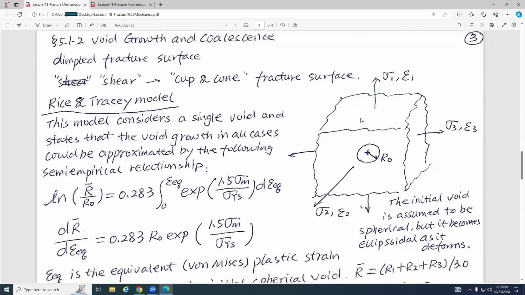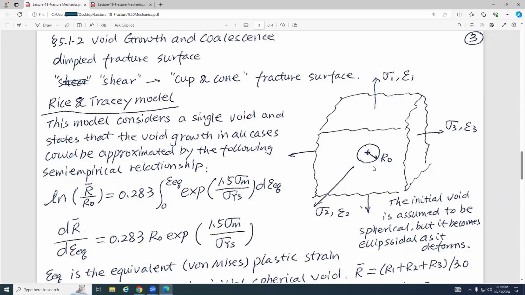Suppose we have a 3D specimen, and we have a microvoid here. In this case, the radius is R0 in all three directions, and we have sigma 1 and the corresponding epsilon 1, also sigma 2 and epsilon 2, along with sigma 3 and epsilon 3.